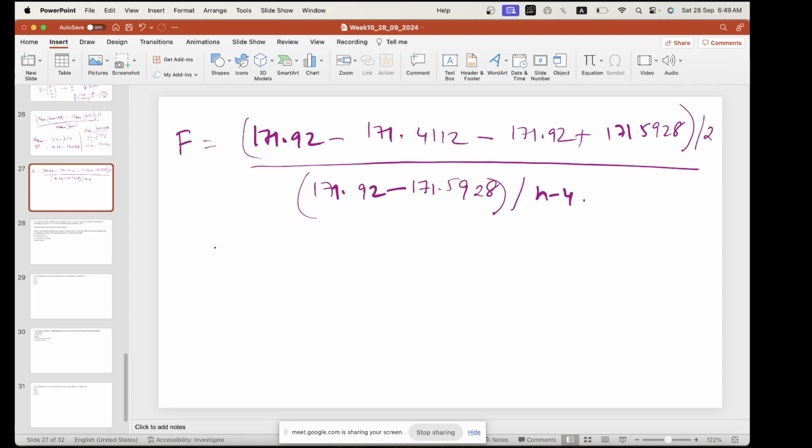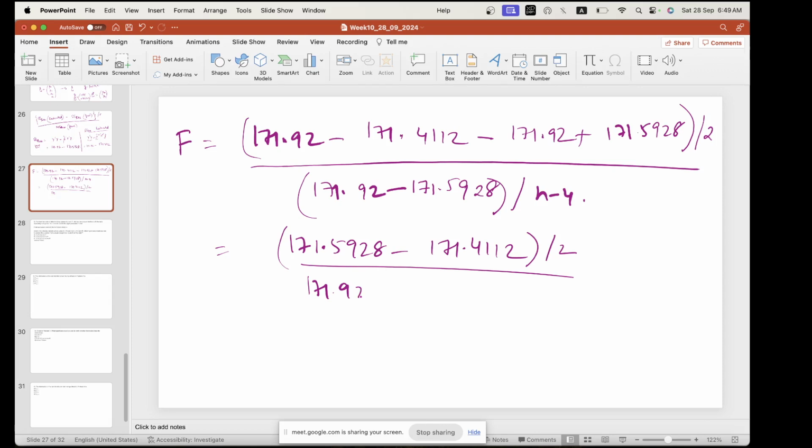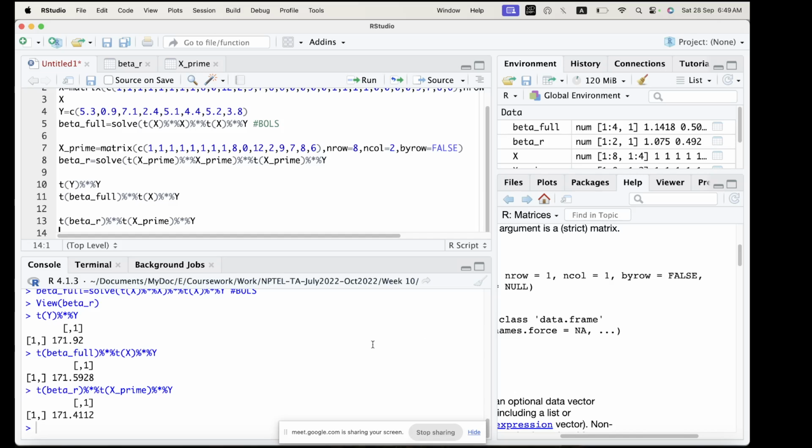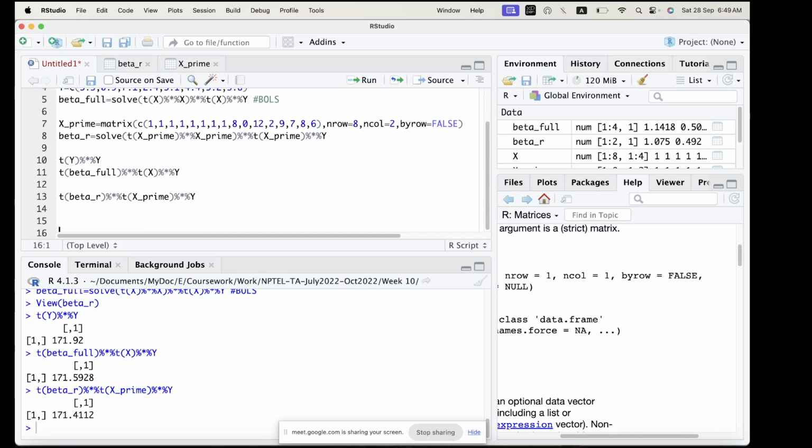Okay, so now this is 171.5928 minus 171.4112 divided by 2, by 171.92 minus 171.5928 divided by 4. So let us just find out how much this is.